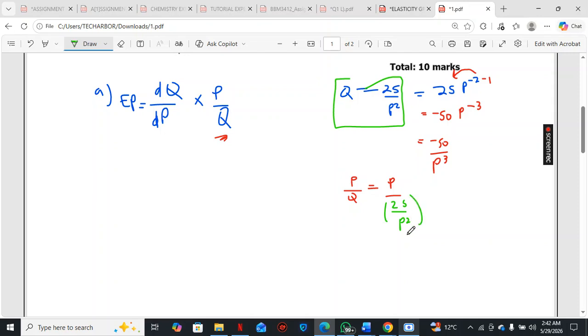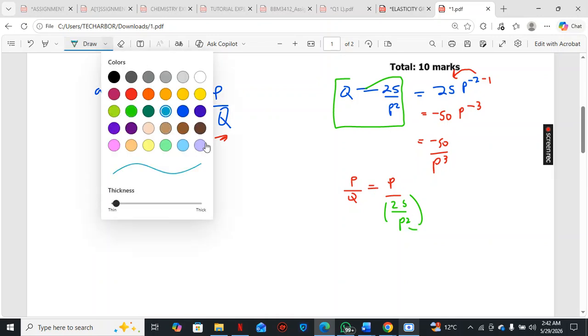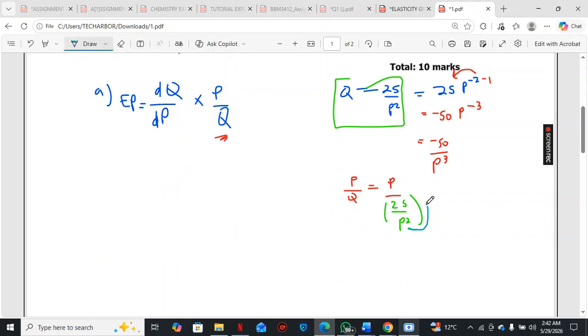Okay, so how we simplify this, our denominator, which is P squared, multiply it with the numerator. So P squared multiplied by P, that is P cubed over 25. Let me just explain this part here. It's the same as saying P divided by 25 over P squared.